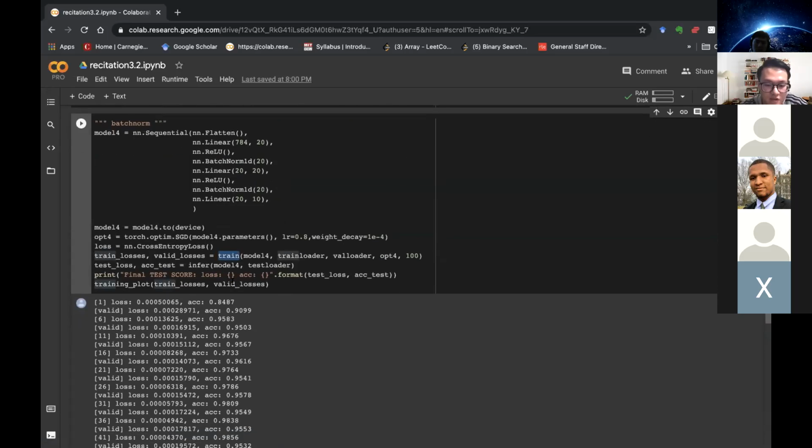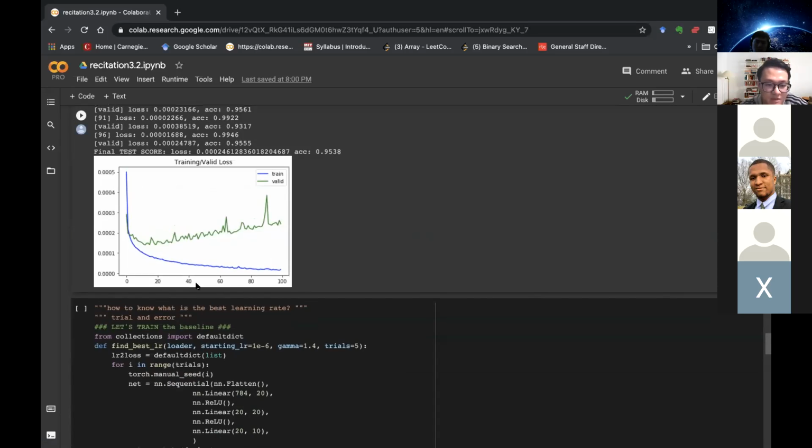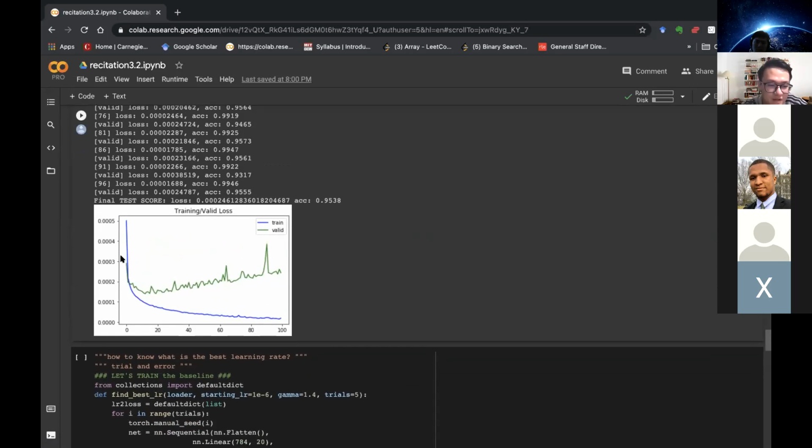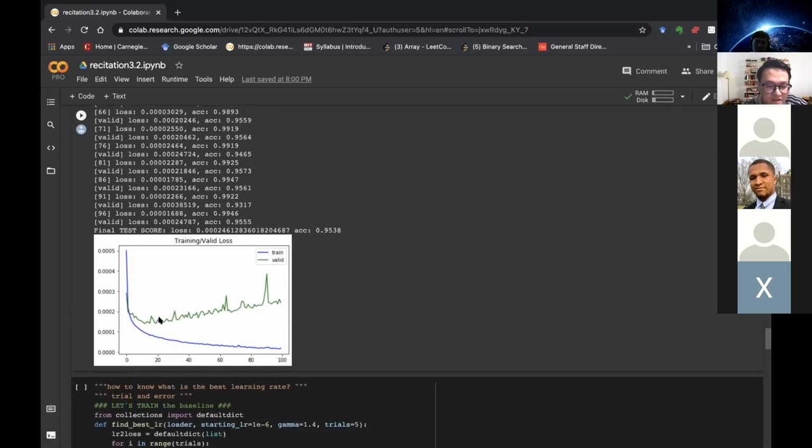And this is a batch norm. After adding the batch norm, you can see that the training loss is very good, right? You can see the training loss is very stable, but your validation loss is not good. It is not very stable.